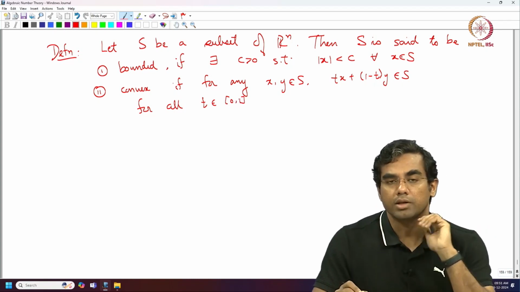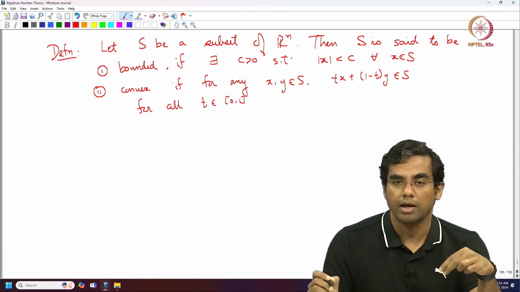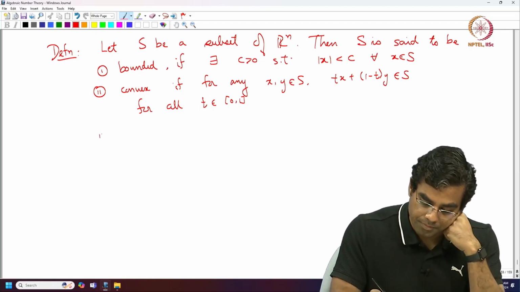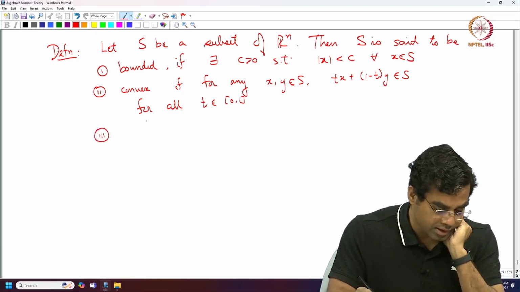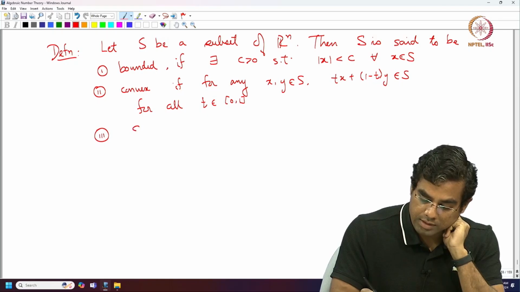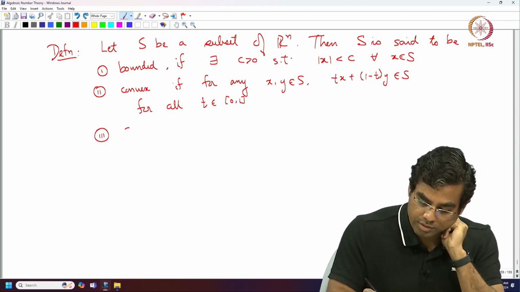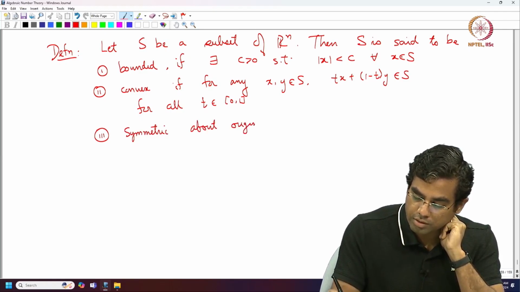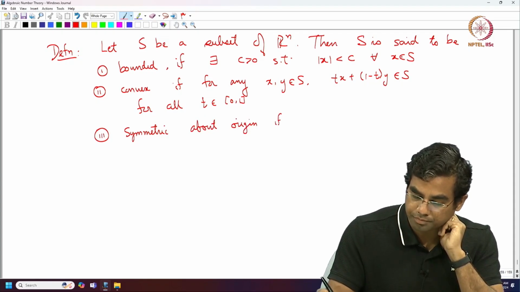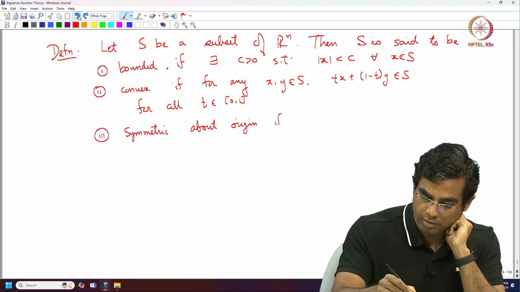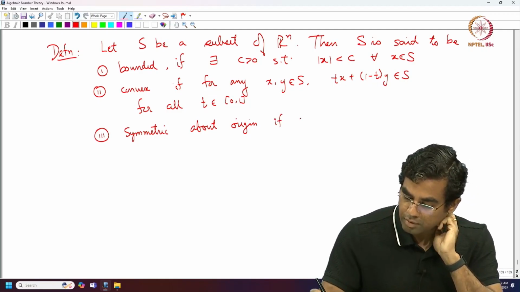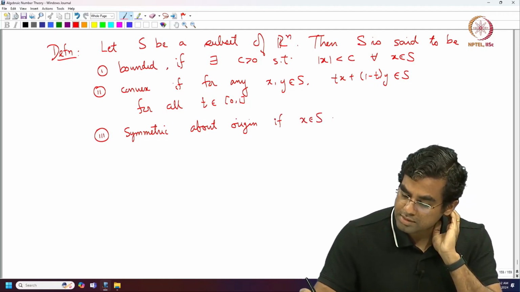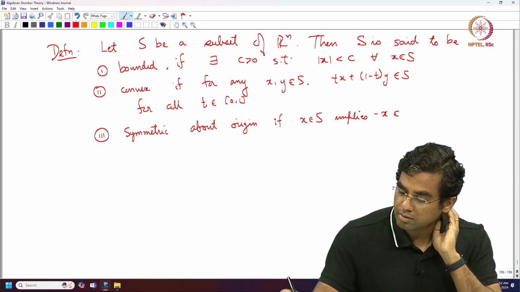So, the line segment that joins x and y is completely inside S. And the last condition we want on S is that it is symmetric about the origin, that is, if x belongs to S, then minus x is also in S.